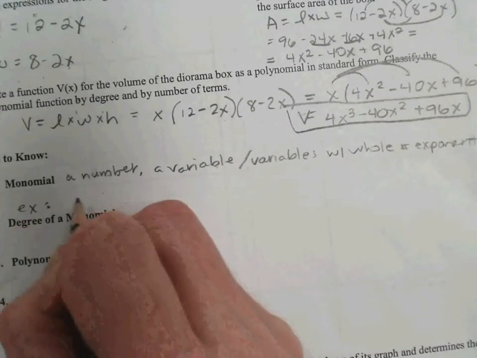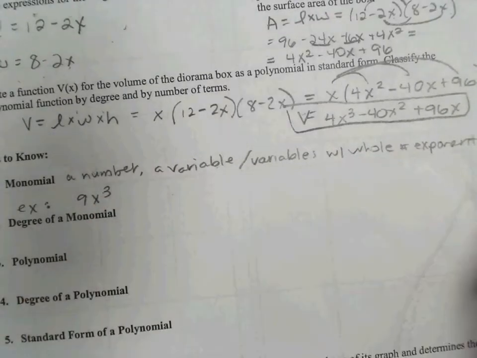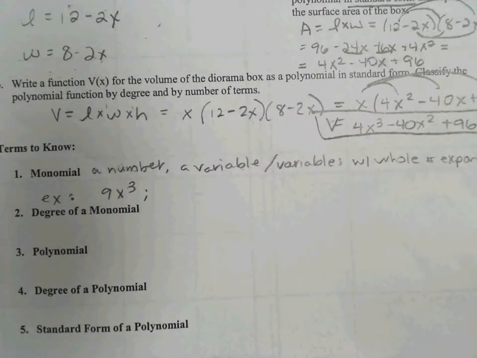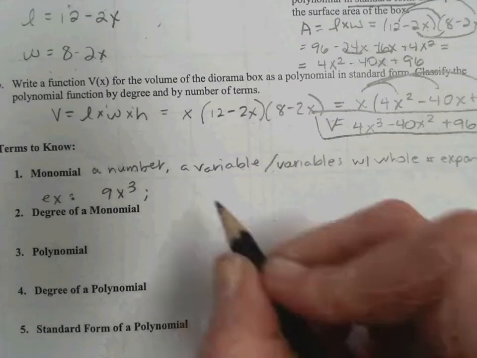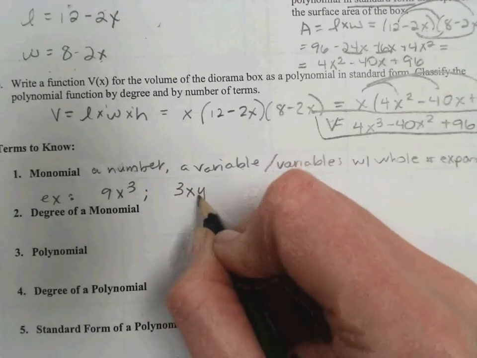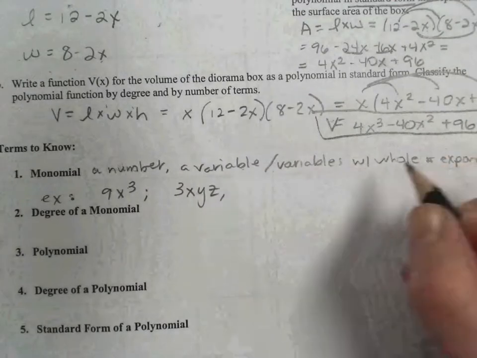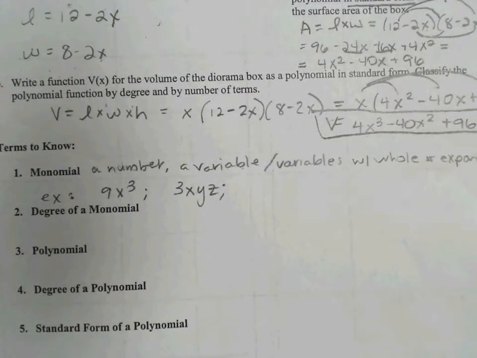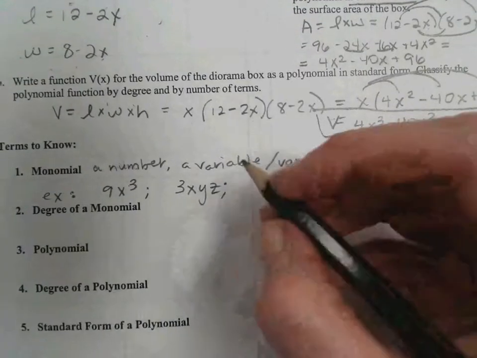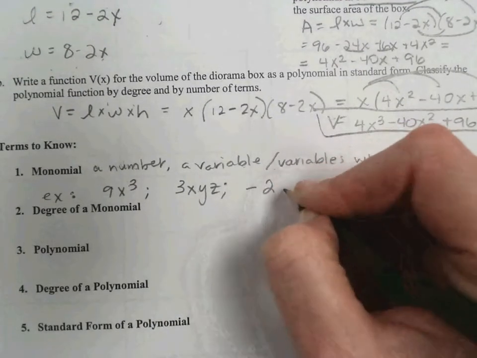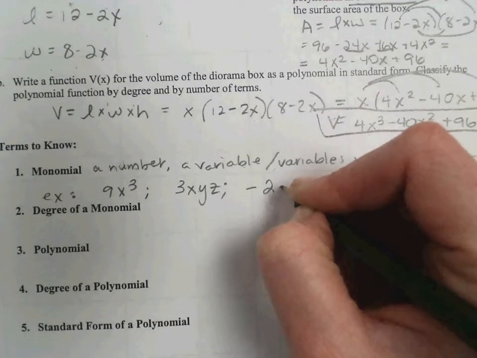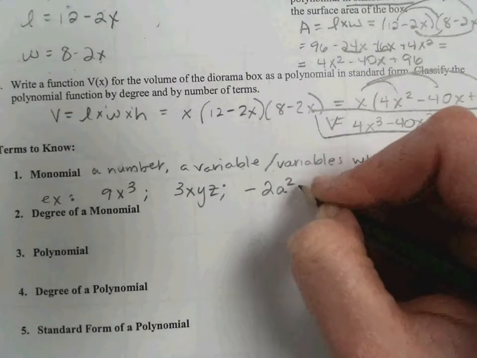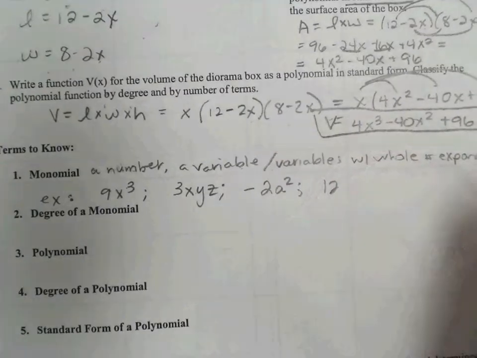So for example, we might have something like 9x cubed. That is a monomial. We could have 3xyz. We could have negative 2a squared. We could even have 12.